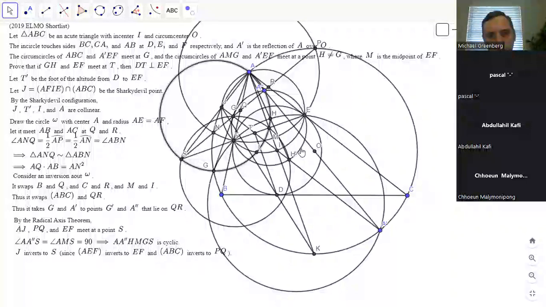Okay, so ST times TM equals ST times TM. Oh, do we know that H prime, T, and G prime are collinear? I think that's what we want to prove.